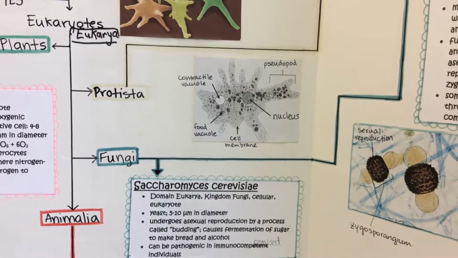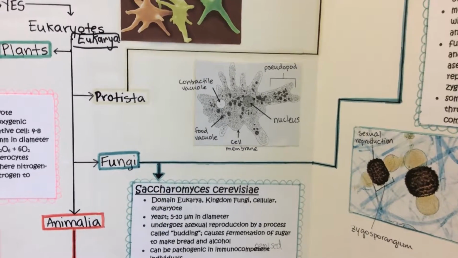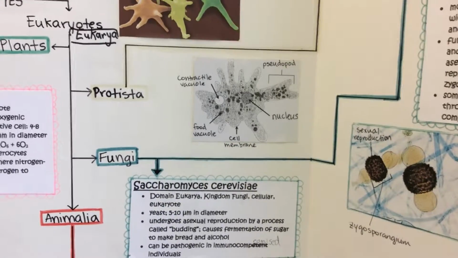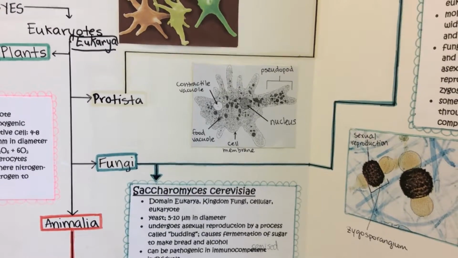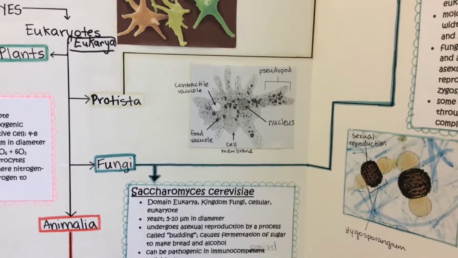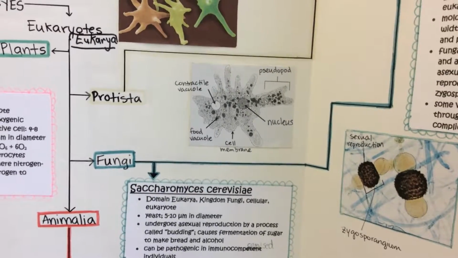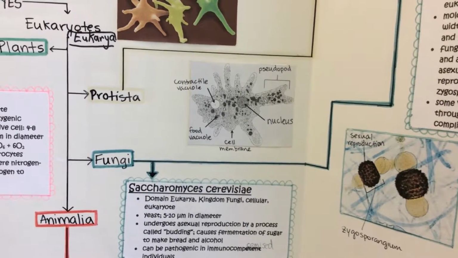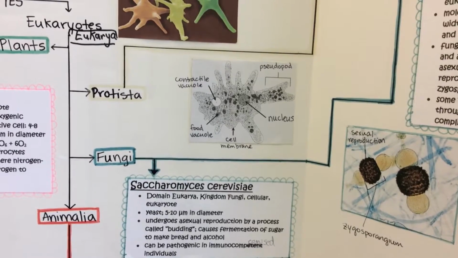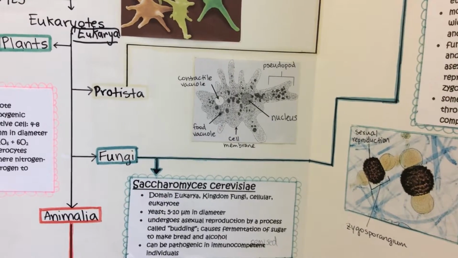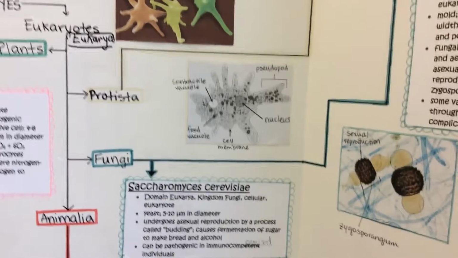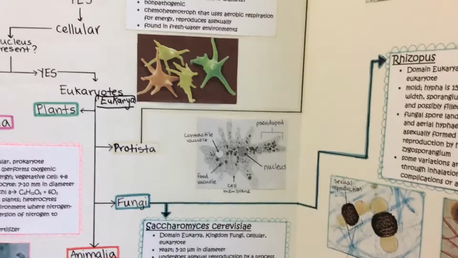Once we had DNA and RNA sequencing available, it was discovered that many members of the old Kingdom Protista were not closely related at all. So instead of Protista, I'll try to describe them as eukaryotic microbes. Most of them are unicellular, which are neither plants nor animals nor fungi. So a couple examples here.